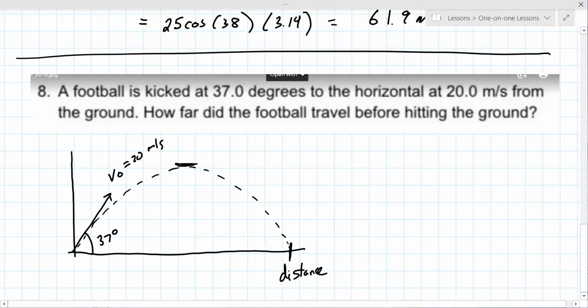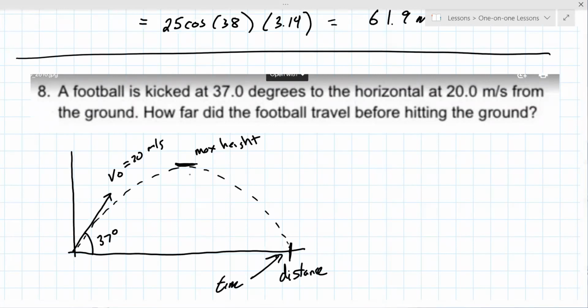Then you could be asked for the max height. The time of travel is over here. How far away does it hit the ground? That's what it's asking for. That's the travel. It doesn't ask for it, but it could ask you the time where it has a maximum height. You could even ask the distance there, but there's a lot of things you could ask.